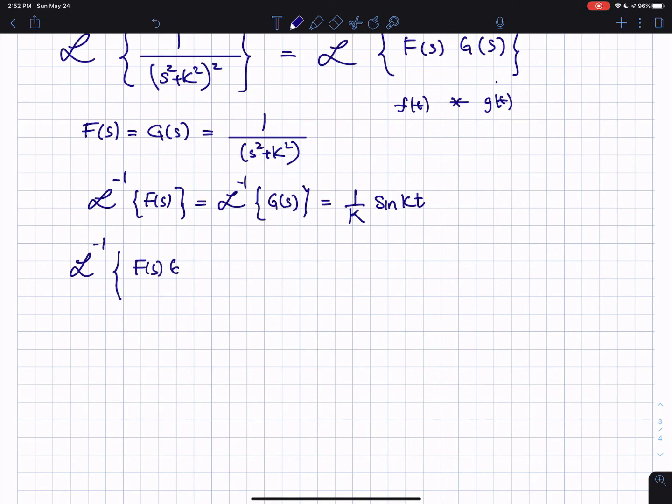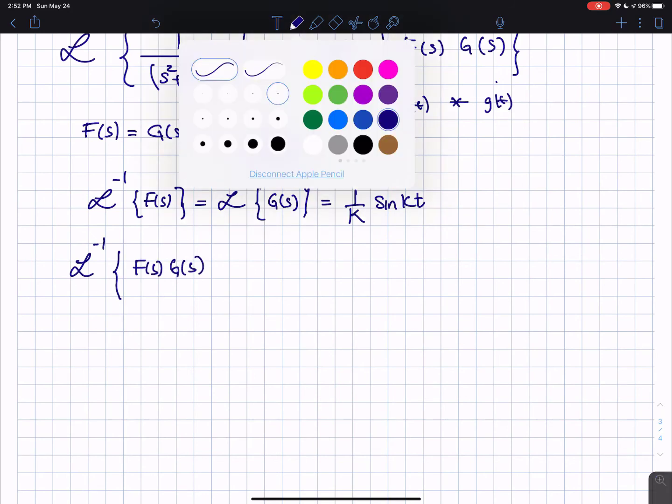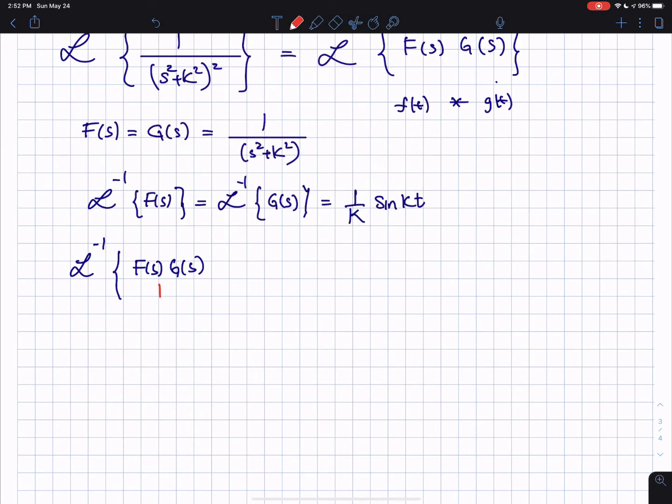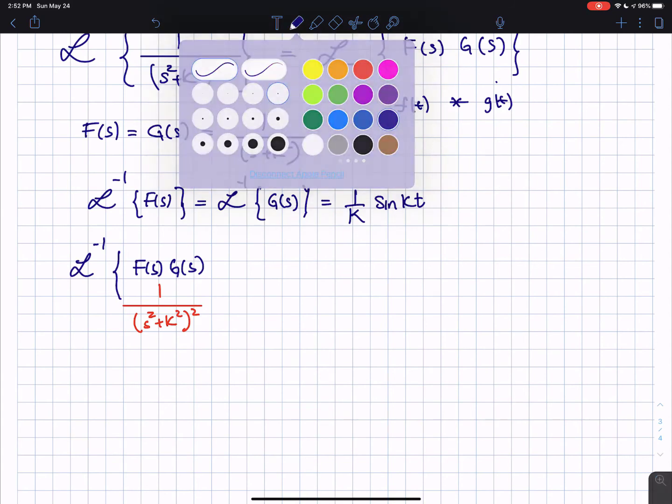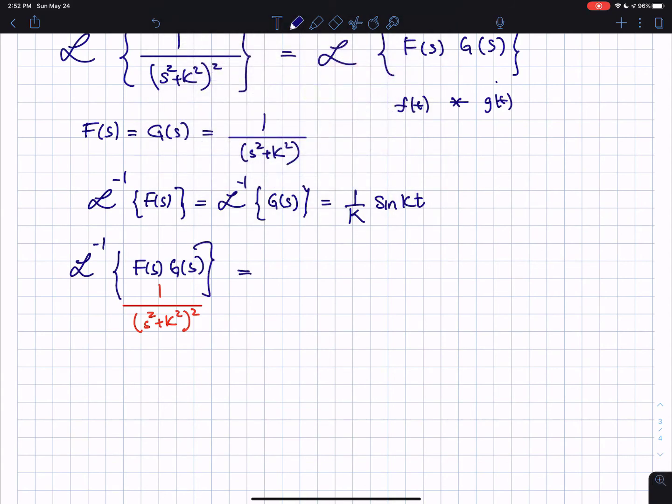which is 1 over s squared plus k squared, squared. So the Laplace inverse of that would simply be the integral of 1 over k squared, because there's two of them, the integral from 0 to t of sine of ku sine of k(t minus u) du.